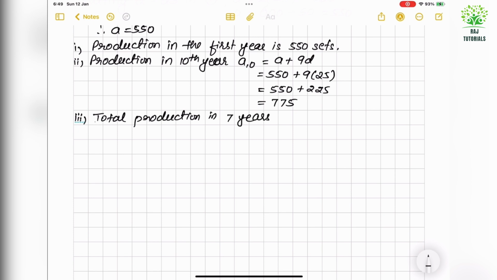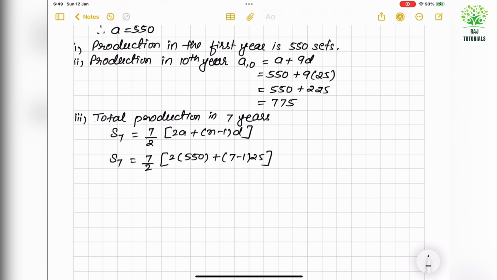So that will be S7 equal to 7 by 2 into 2A plus n minus 1 D. So if I put S7, 7 by 2 into 2 into 550 plus 7 minus 1 into 25. So this will be 7 by 2 into 1100 plus 6 into 25. So if I solve this whole, I am getting 4375.